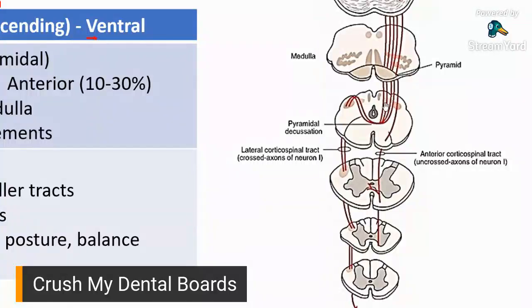The pyramidal, the lateral part, it crosses over to the other side. Okay? While there's just 10 to 30% that would stay on the same side. So it doesn't cross to the other side. Okay? So it decussates in the medulla.